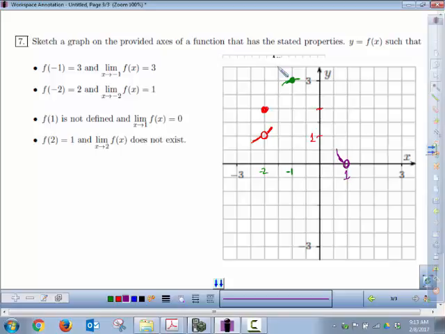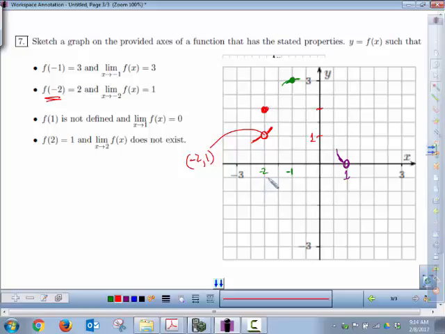Okay? Yes? So an open circle means you've got points getting closer and closer to that point, and the point we're looking at here is the point negative 2 comma 1. So the graph will get closer and closer to that point. But the function itself is defined at positive 2.